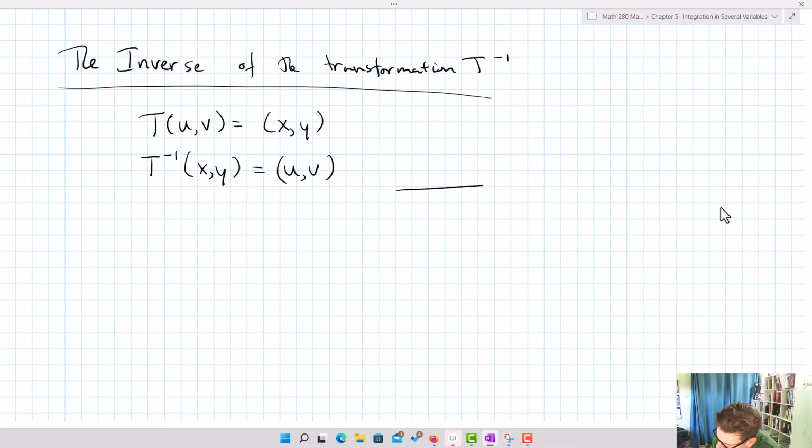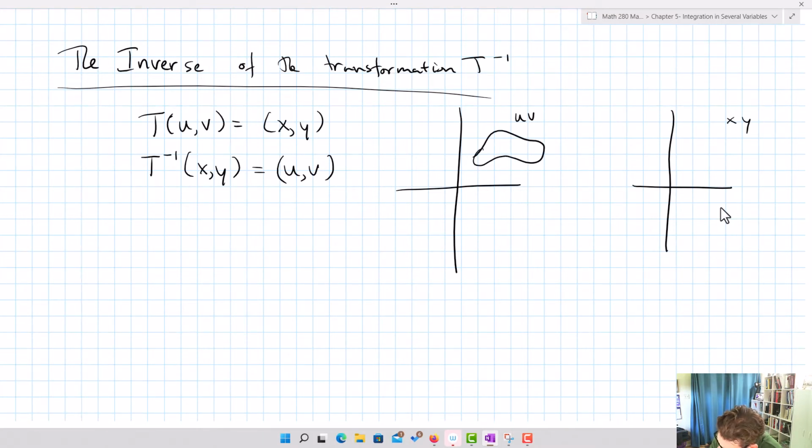Basically, what we want to imagine is that if we have, say for example, a transformation that goes from the uv plane into the xy plane, and it goes from a region in the UV plane to, let's say, a rectangle in the XY plane. We've got this transformation T. We want to find another transformation T inverse that will take us backwards.